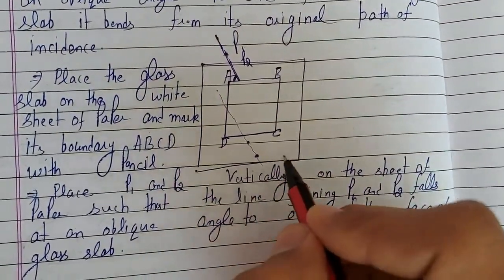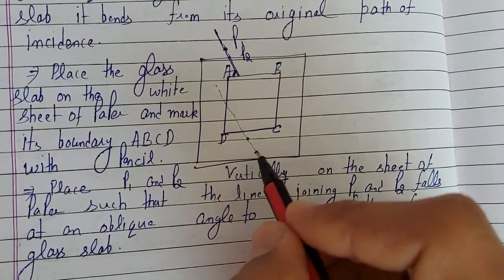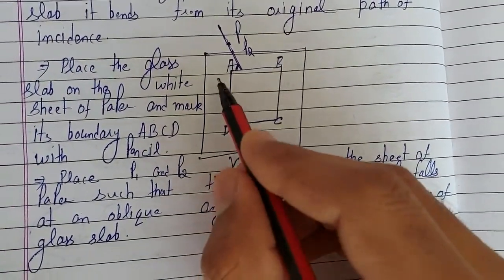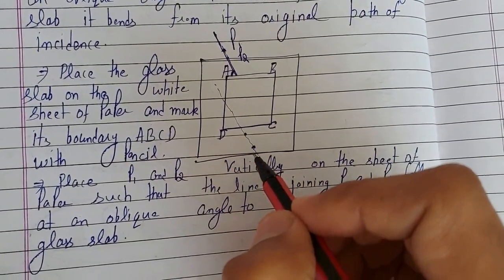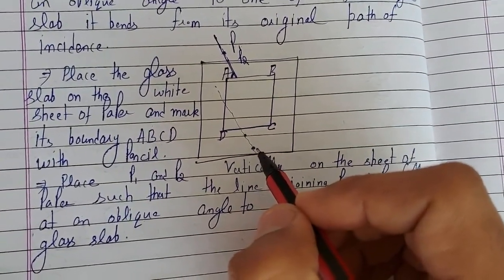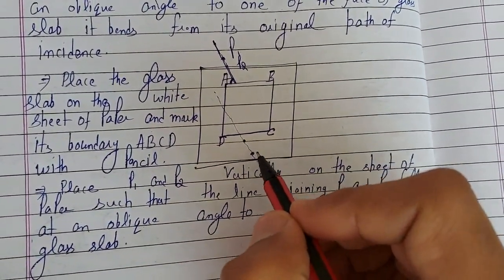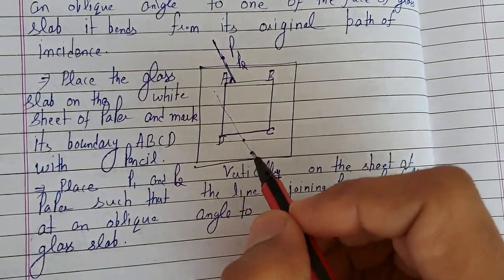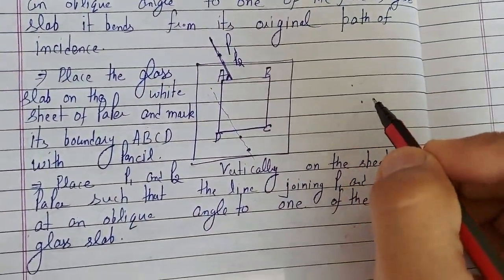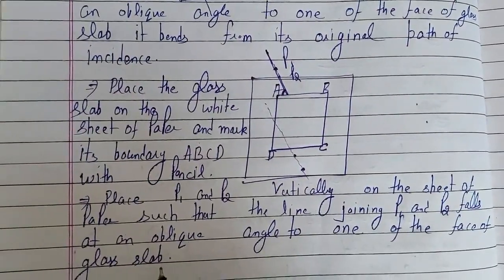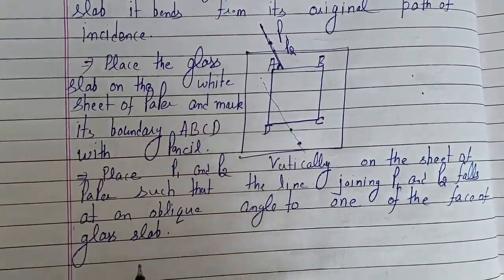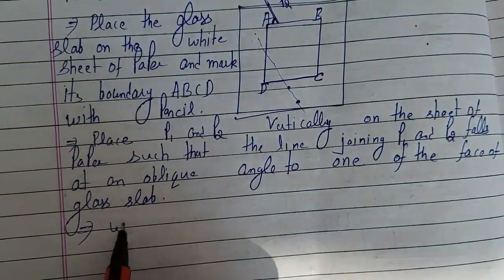If you look from the other face of the glass slab, you will see a line in which P1 and P2 are aligned. When you see these pins from the other side of the glass slab, these two pins will appear in a straight line.